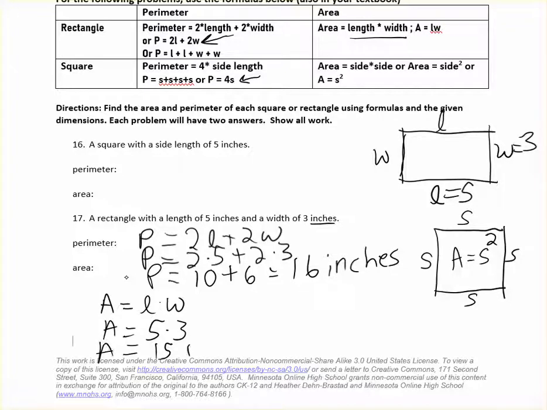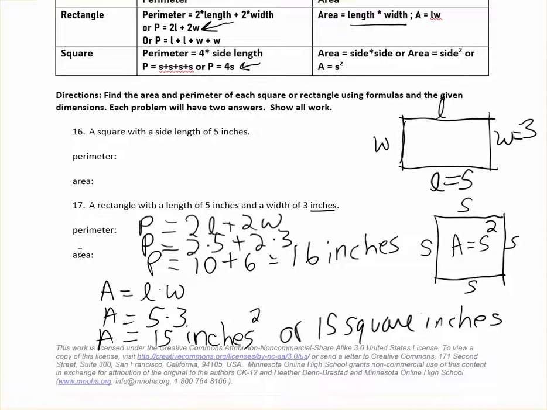And the units for area, you put whatever the measurement is, and then you would put a little 2 on it. That means squared. Or you could write 15 square inches. That's another way of writing this. You can also abbreviate inches as IN if you want.